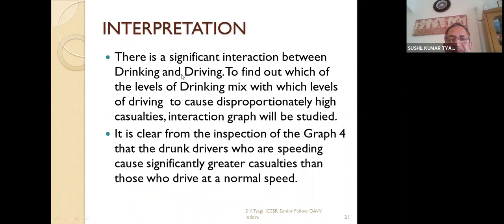There is a significant interaction between drinking and driving. To find out which levels of drinking mix with which levels of driving to cause disproportionately high casualties, the interaction graph will be studied. It is clear from inspection of graph 4 that the drunk drivers who are speeding cause significantly greater casualties than those who drive at normal speed. It is not equal across the levels of speed. This is how the interaction graph is to be interpreted.